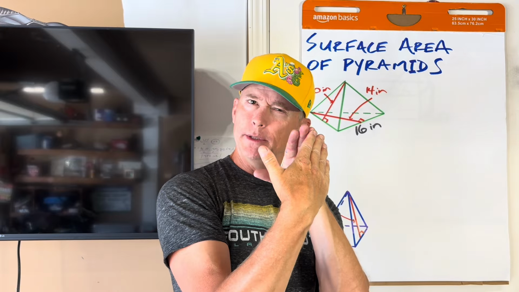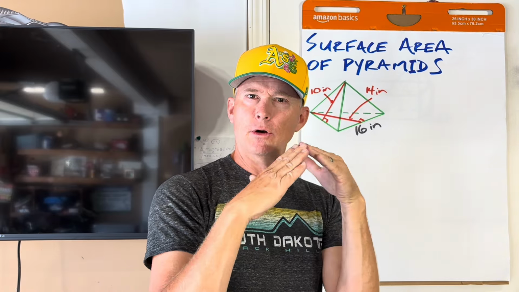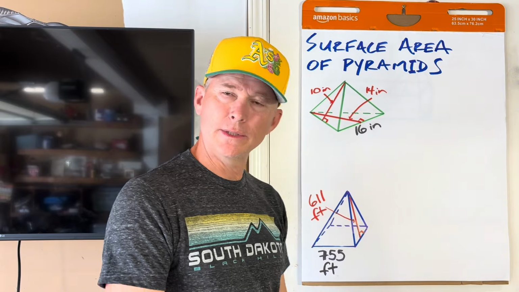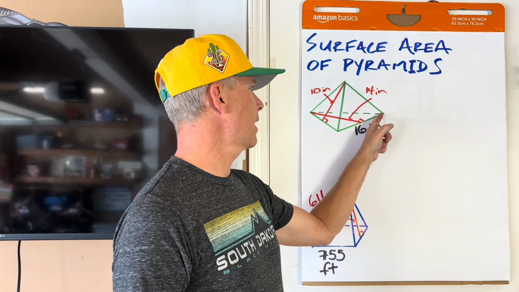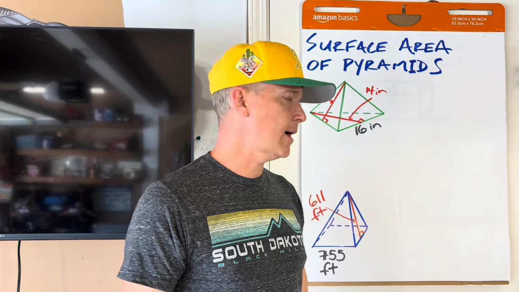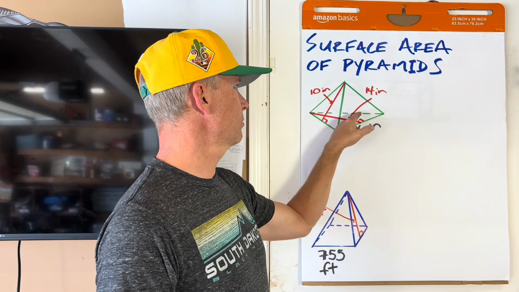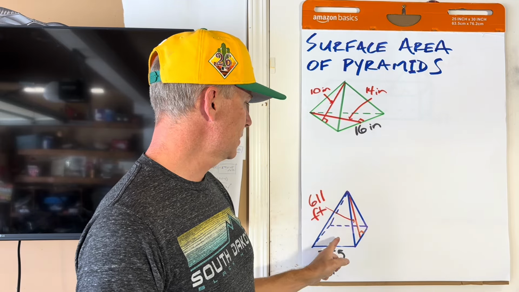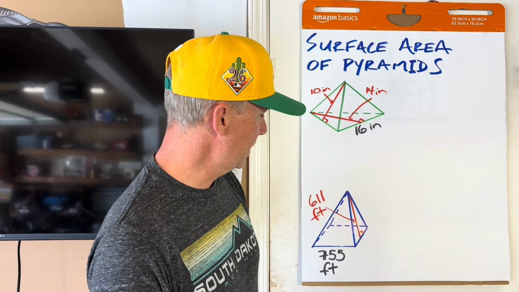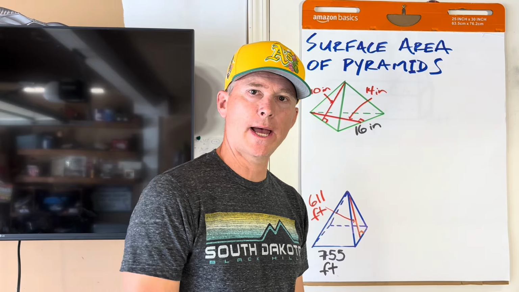These are always going to be triangles, and they're called lateral faces. The way you always know how many lateral faces there are is simple: figure out how many sides the base has. That's how many lateral faces you have. This is a triangle, so there are 3 lateral faces. This is a square, so there are 4 lateral faces, and so on.